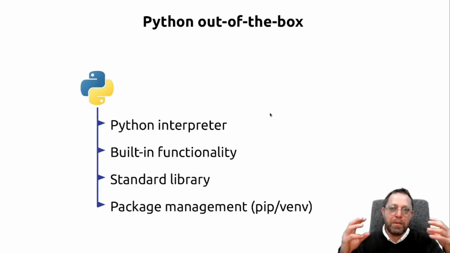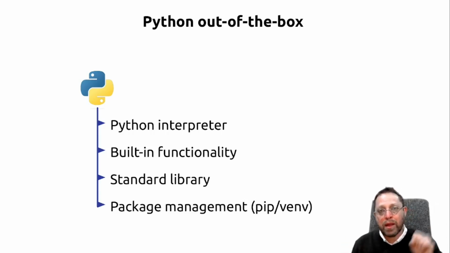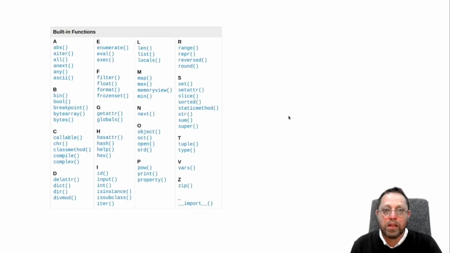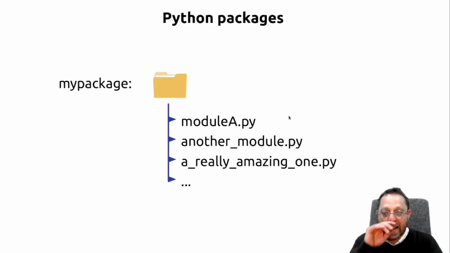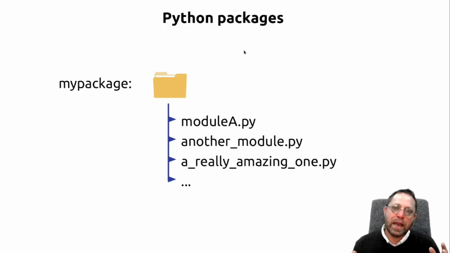So, okay, built-in functionality is not going to include everything that you could possibly want when you are coding. So if you want to add functionality, you do that by importing a package. So let's go to this slide. A Python package is essentially a folder that contains other Python files.